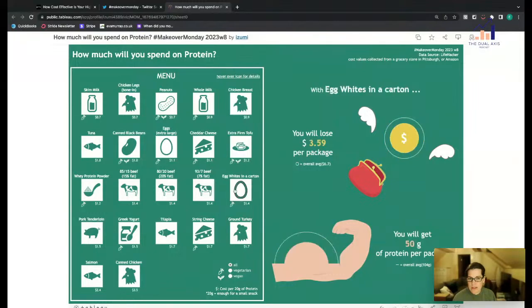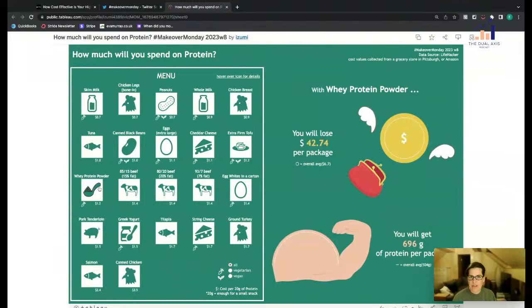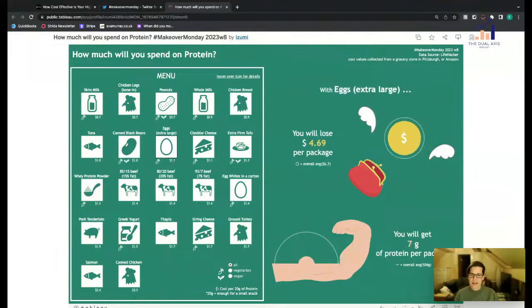Because I don't believe it. How is that calculated? Because there's only one item that had over 100 grams. Oh, whey protein powder. So yeah, you would get 696 grams per package, but you wouldn't consume that in one go. Yeah, the overall average, I don't really know if that's in any way meaningful, because what does that really mean? What does it tell us?